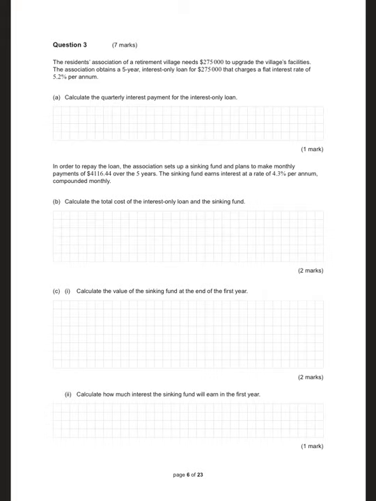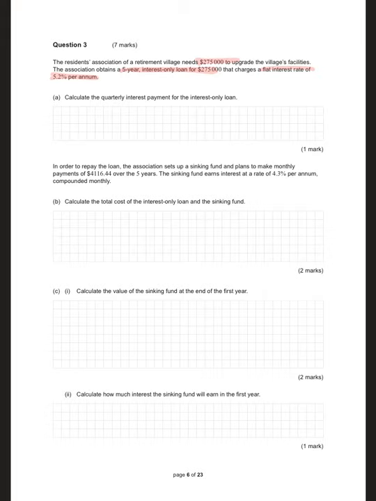Question 3. The residents of a retirement village need 275 grand to upgrade the village facilities. They obtain a 5-year interest-only loan, so flat interest rate of 5.2. Calculate the quarterly interest-only payments.